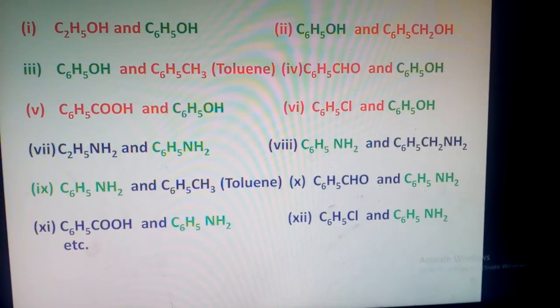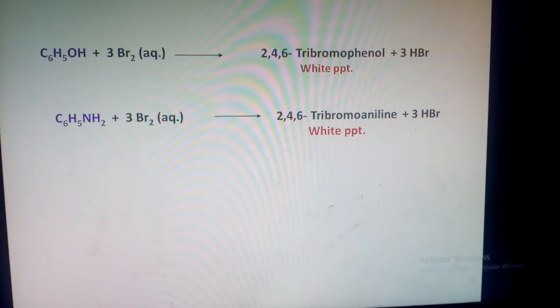So you can write the reaction like this: phenol reacts to form 2,4,6-tribromophenol and aniline reacts with bromine water to give 2,4,6-tribromoaniline, and in both cases we will observe white PPT.